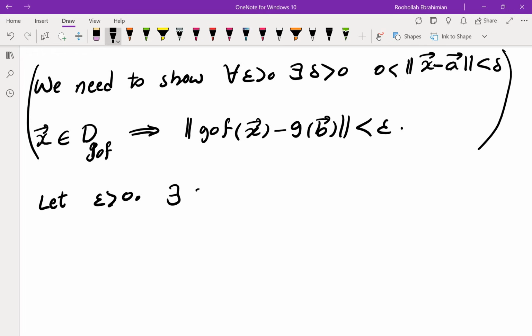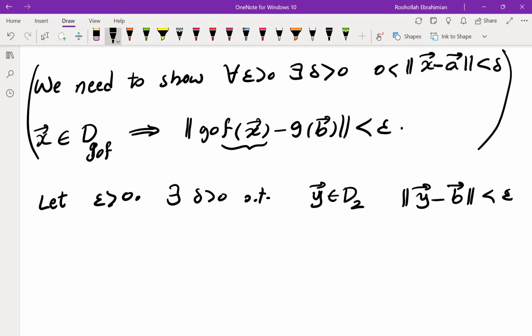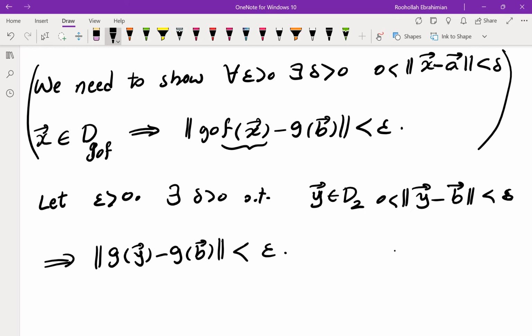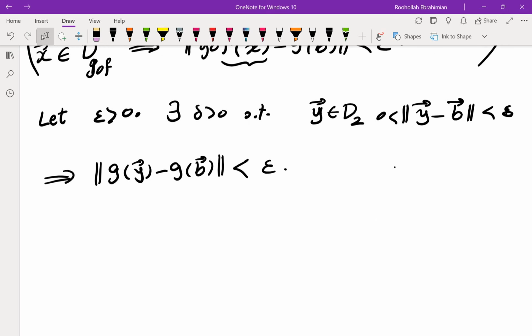Now there is some positive delta such that if y is in the domain of g, and let's call it y to not mix it up with the x here, because this is actually not in the domain of f, it is in the codomain of f, when the distance between y and b is less than delta and more than 0, then the distance between g of y and g of b is going to be less than epsilon.